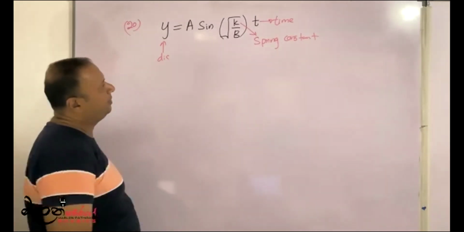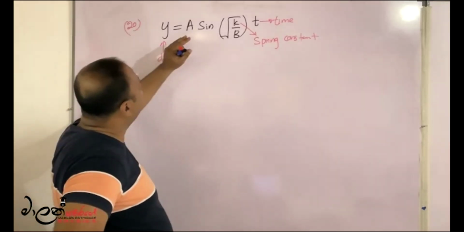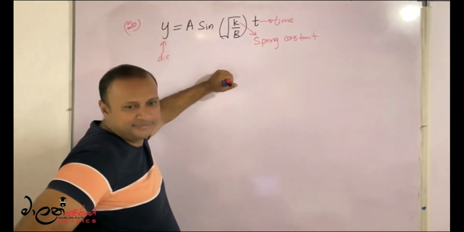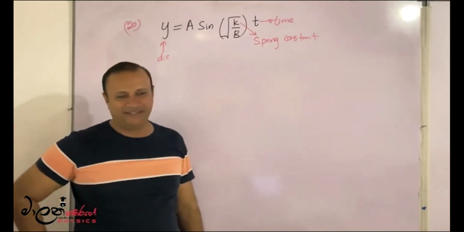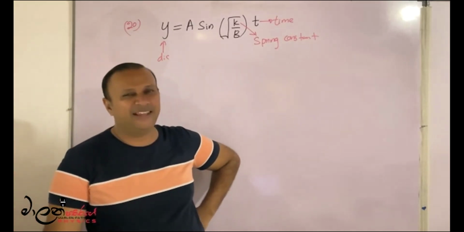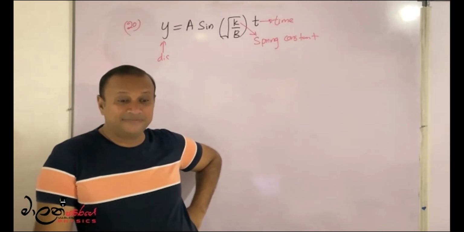Now tell me. So what is the easiest physical quantity that can be determined? What is the easiest physical quantity? A or B? A. So what is the argument?